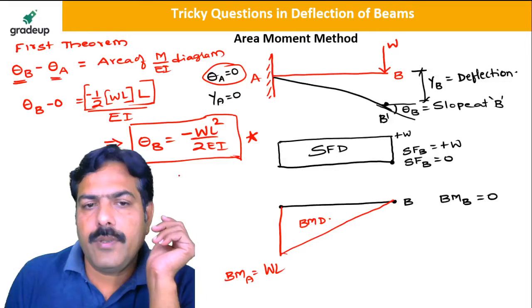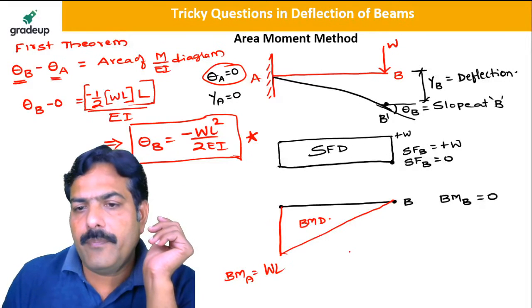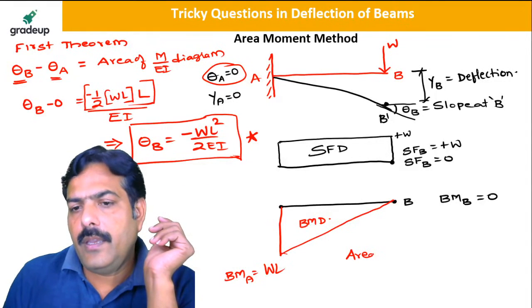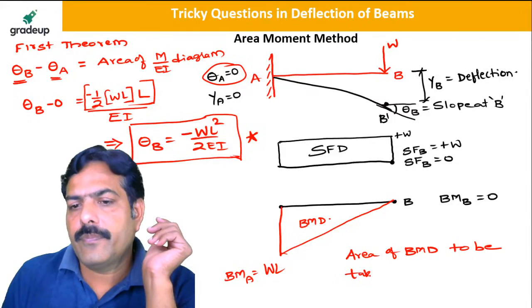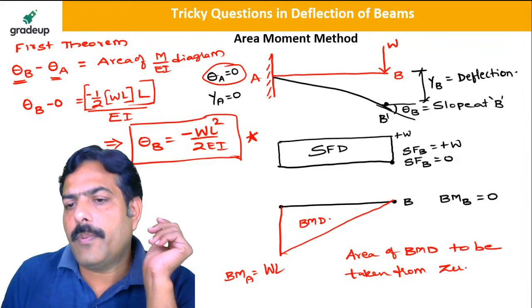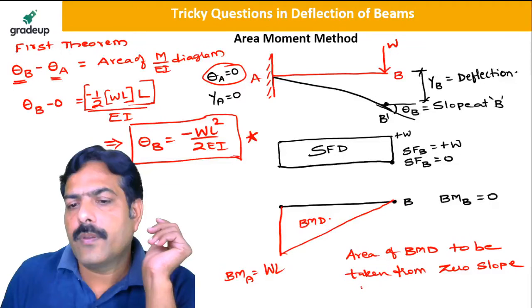So the area of the bending moment diagram is to be taken from the 0 slope to the point for which the question is asked.